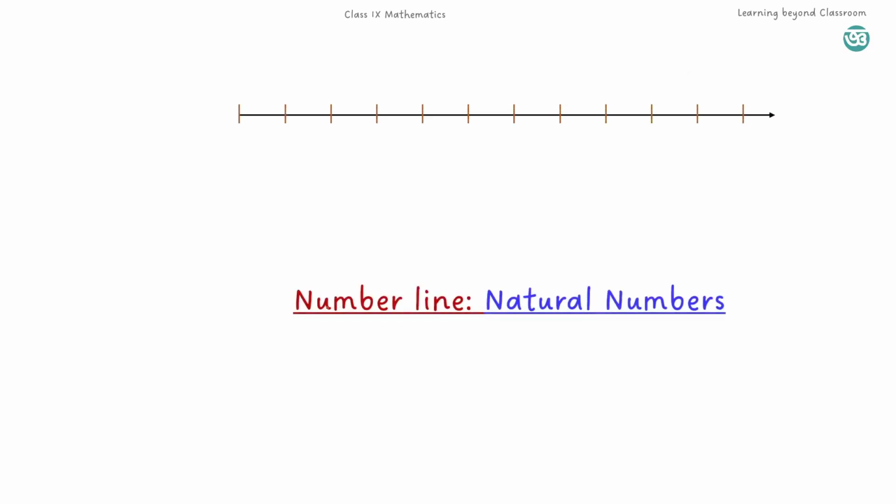Now, natural numbers can be expressed on the number line, and the number line will start at 1 and go up to infinity, and at every step we go 1 unit ahead towards the right side. So this is the number line for natural numbers.